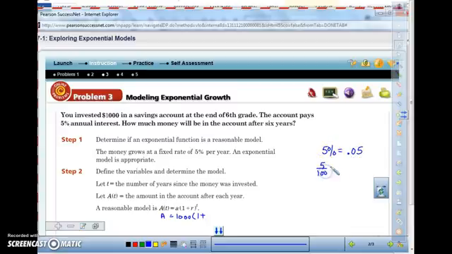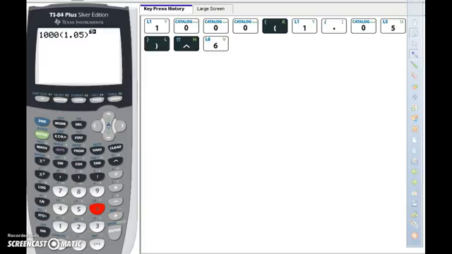So if you had to put that in your calculator, you get 0.05. Raised to the t, which is the number of years that we're going to leave the money in the account. So we're looking at 6 years. So we're going to put that in our calculator. I just did 1 plus 0.05 on my own. Typed it in. And so at 6 years, we would be looking at $1,340 and about 10 cents.